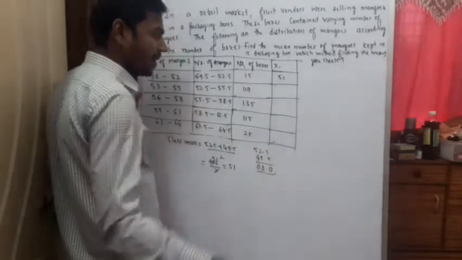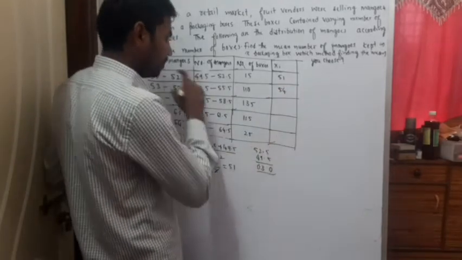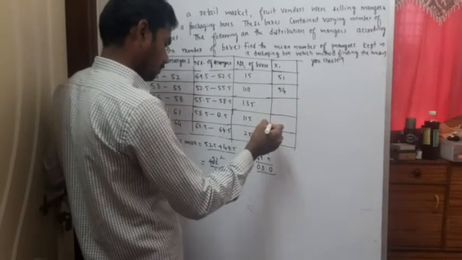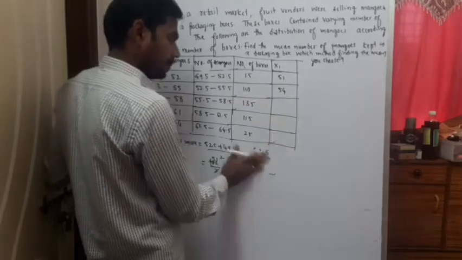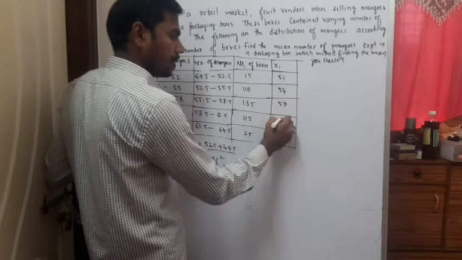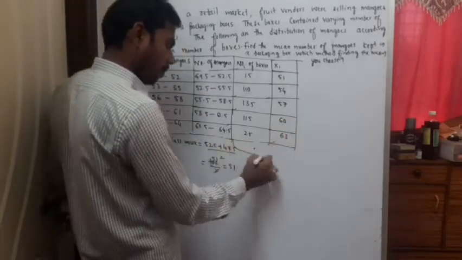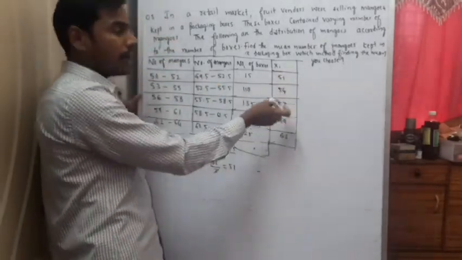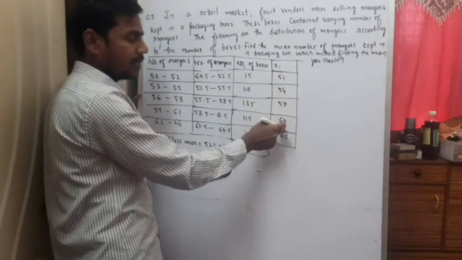So a difference of 3 is there. To get the next term, as you already know, you need to add 3 to it. So 51 plus 3: 54, 57, 60, 63.